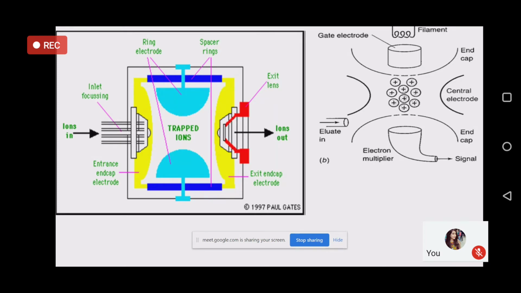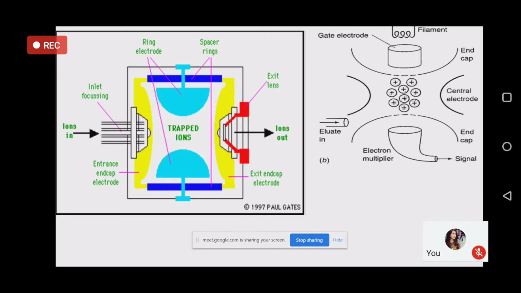Because the ions are trapped, made stationary, or made to follow an orbit in that particular volume, you call it an IT or ion trap mass analyzer. The word trap is used because ions are trapped. They are confined in the volume shown in the right upper corner of your diagram.